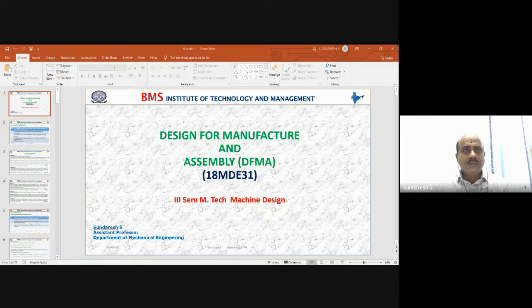We are going to discuss the second part of module 1, which is tolerance analysis. First we need to discuss the definitions of certain terms which you might have studied in your mathematics or somewhere else.